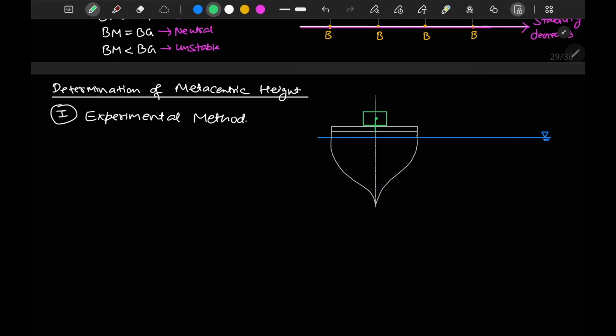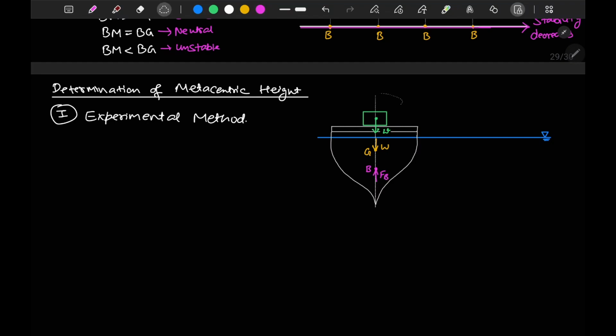Here it is G, the center of gravity of the body, and the weight acting on this is capital W. So let's write small w here. And at this point we have the center of buoyancy. Your force Fb is acting here.